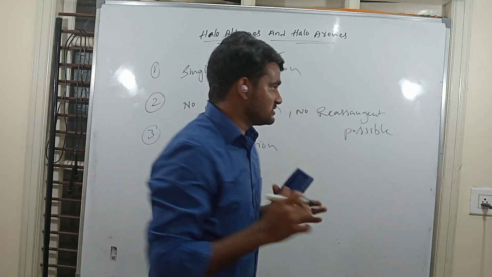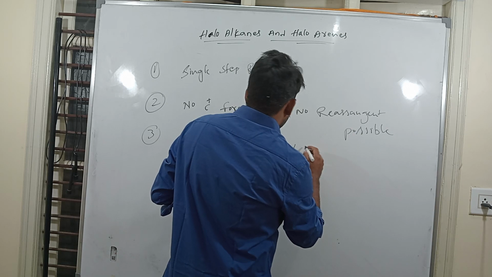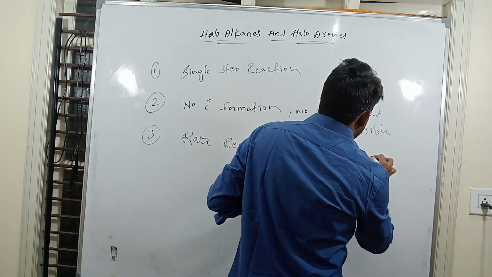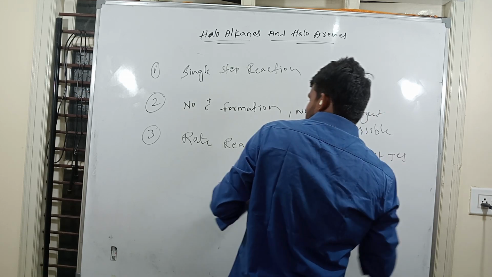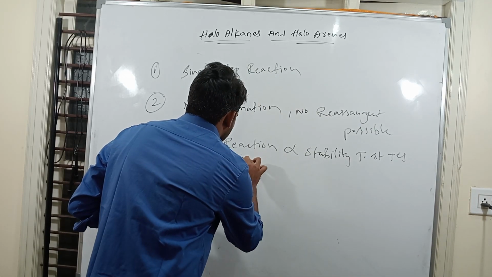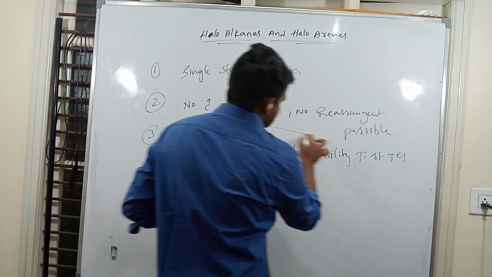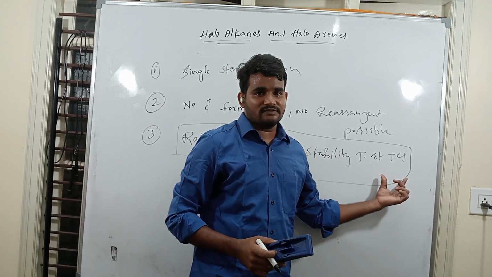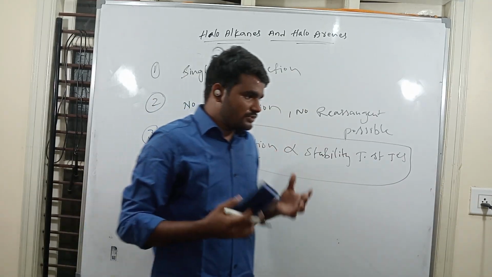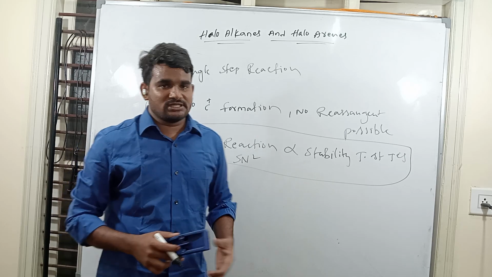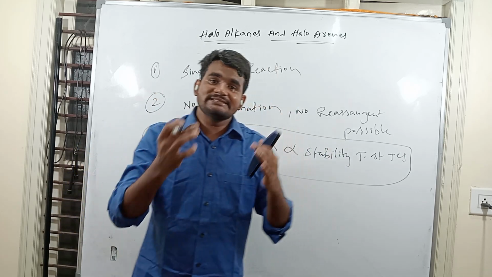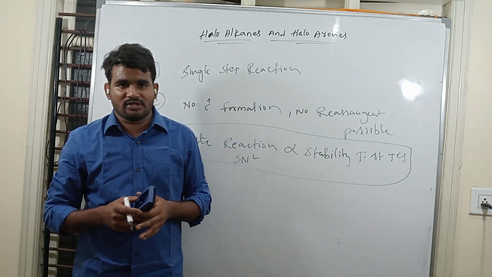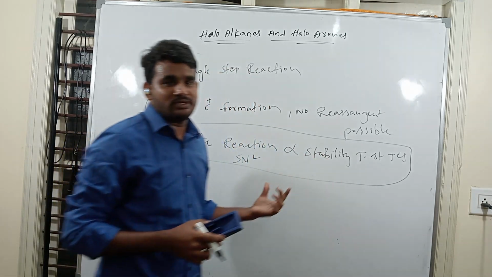If the stability of the transition state increases, the rate of the SN2 reaction increases. Why? Because the transition state already has a negative charge. If you decrease the negative charge of the transition state by using a substituent group, the rate of the SN2 reaction increases.